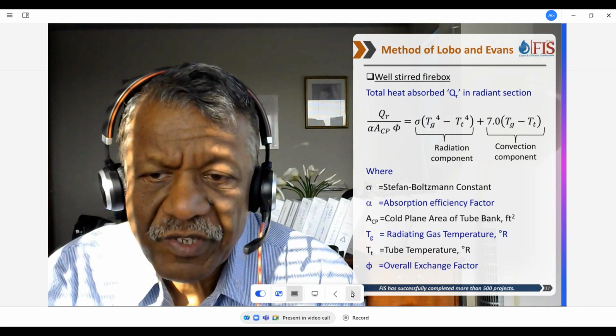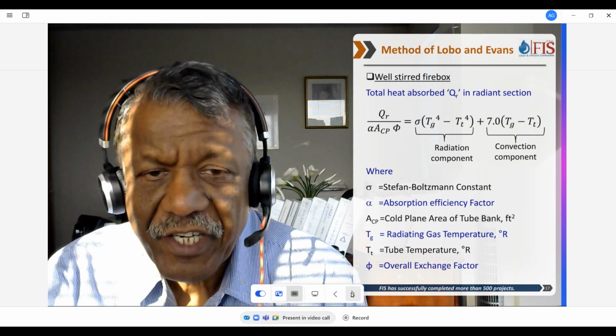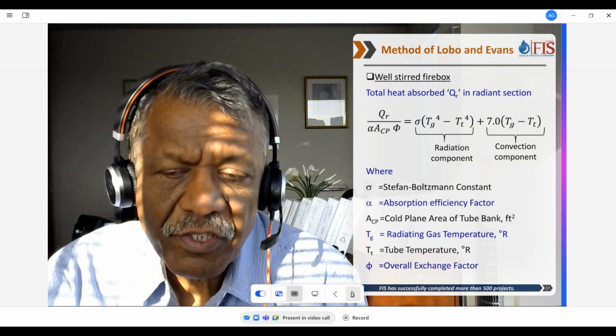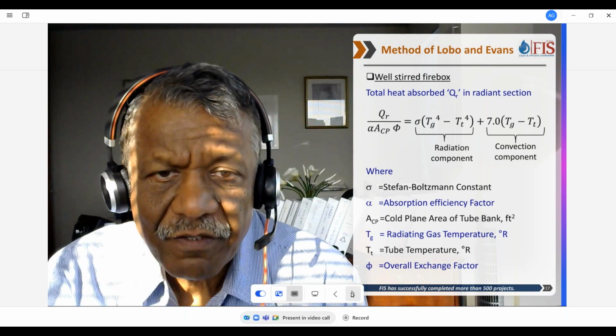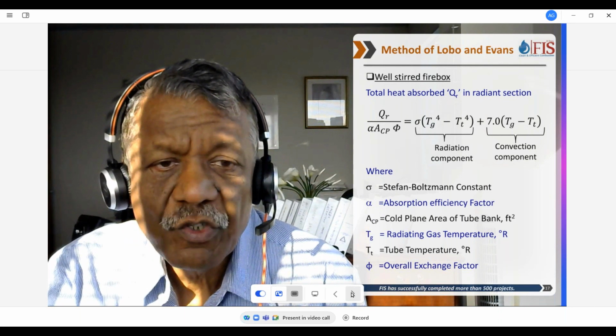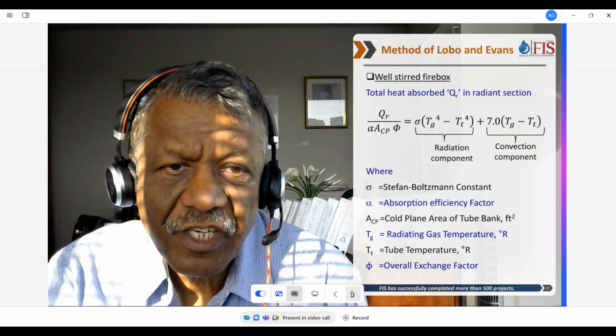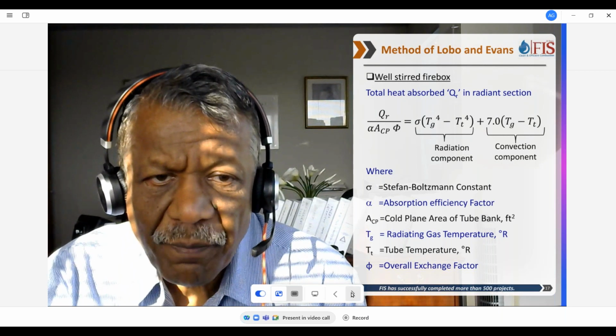It assumes that the flue gas temperature in the whole radiant section is uniform. We will talk more about that maybe in later webinars, but this is the basic equation used for radiant section heat transfer calculations. It has two components.